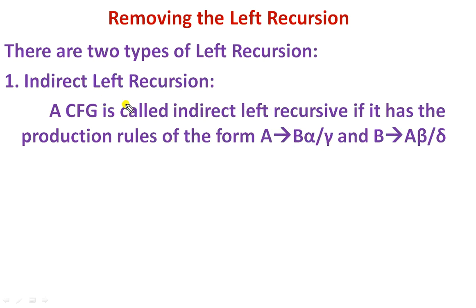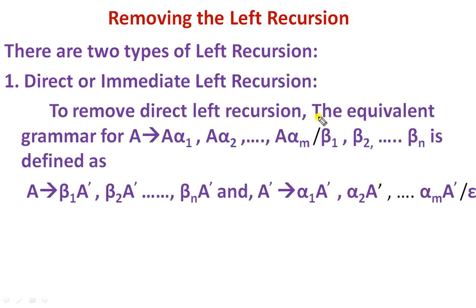If we extend the same logic to production rules that have more productions, such as A generates A alpha 1, A alpha 2 and so on, A alpha m, or beta 1, beta 2 and so on, beta n, then here also there is left recursion. You may observe that here there is A as the first letter.